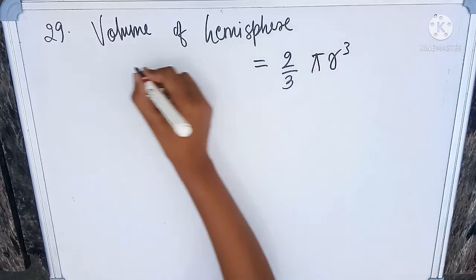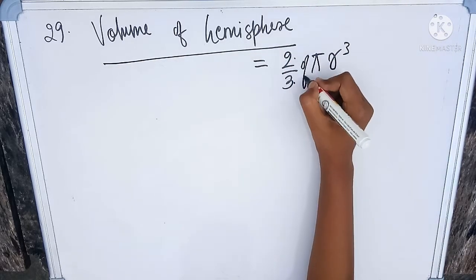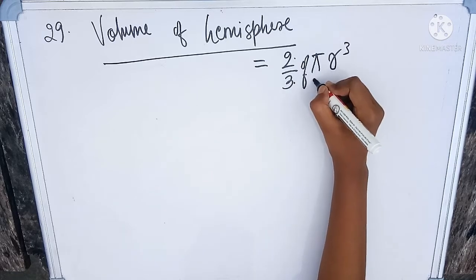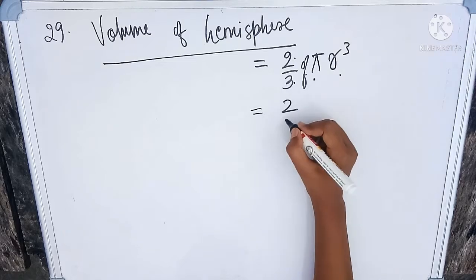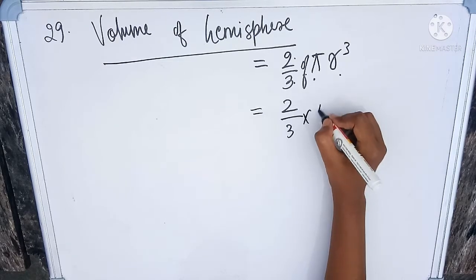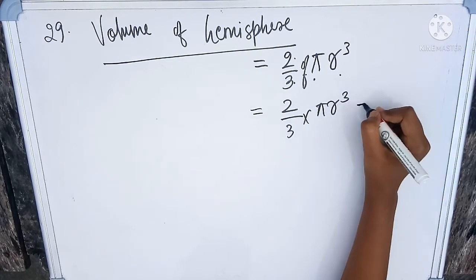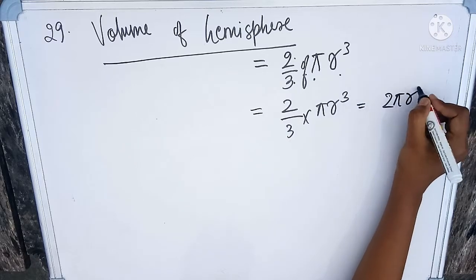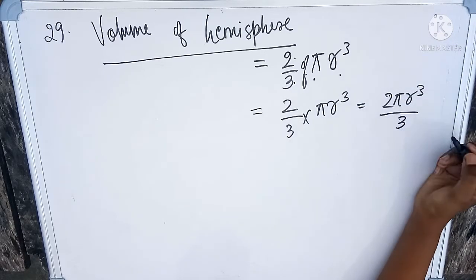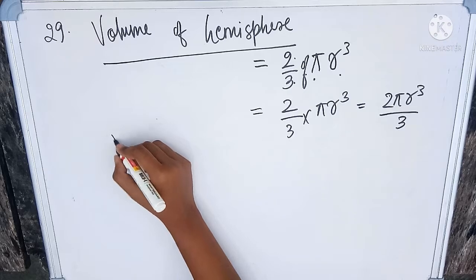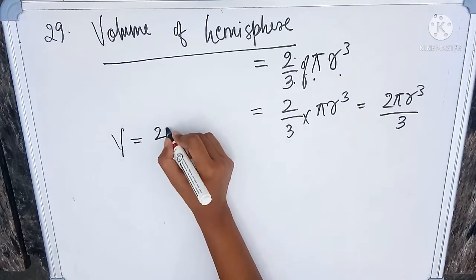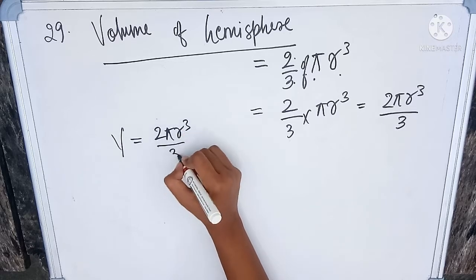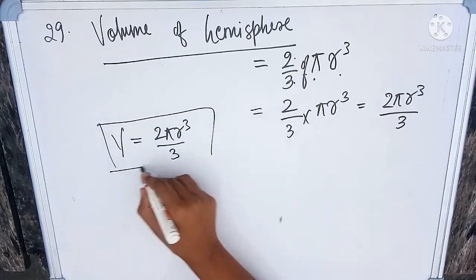So the volume of the hemisphere is equal to 2/3 of the product of pi multiplied by the cube of the radius. So here we can write 2/3 multiplied by pi r cube. So we have 2 pi r cube divided by 3. Suppose we have V as the volume of the hemisphere, and V is equal to 2 pi r cube divided by 3. So this is the required formula.